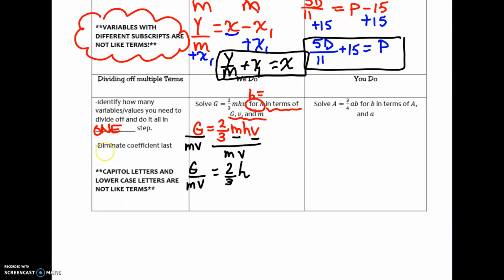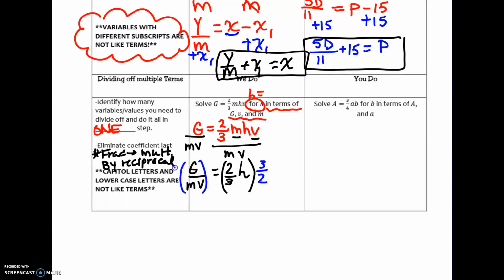The last step here says eliminate the coefficient last. When it's a fraction, remember again that you want to multiply by the reciprocal. So we're multiplying by the reciprocal of 2/3 on both sides, I'm going to multiply by 3/2.